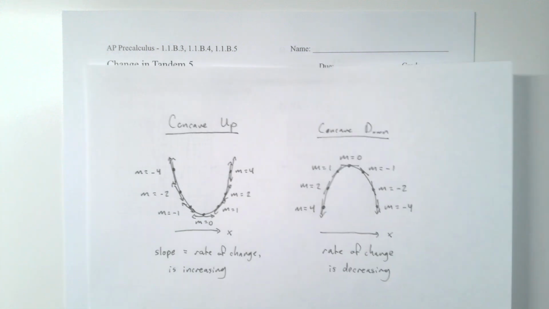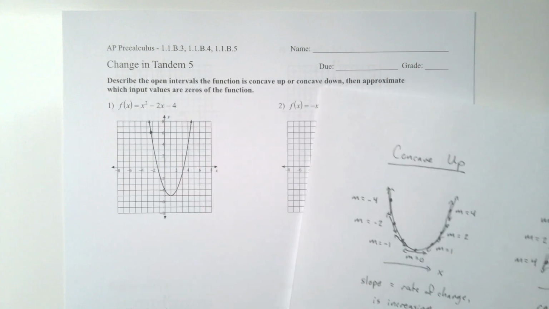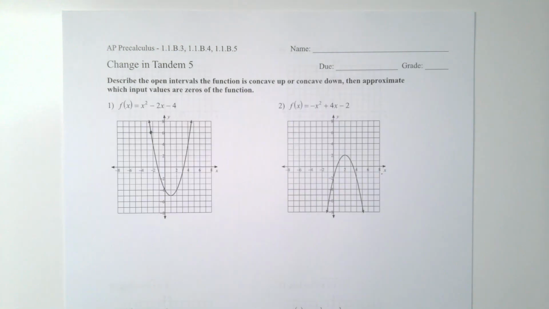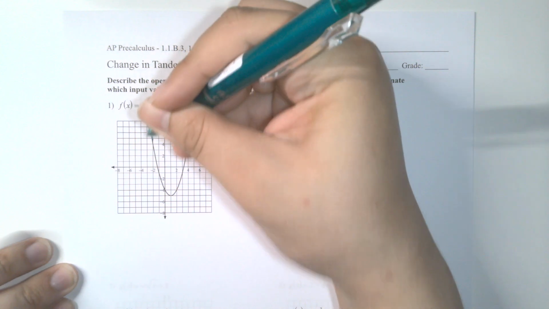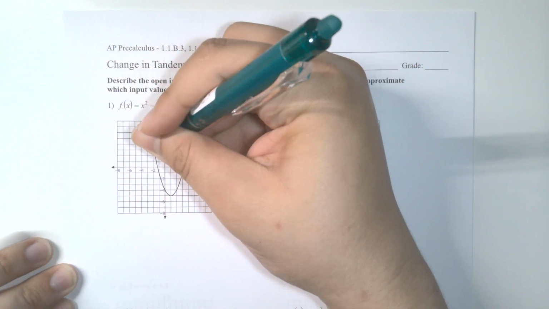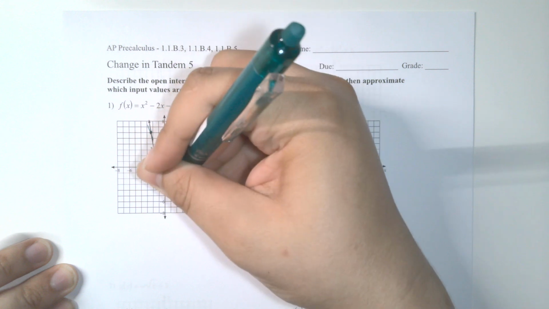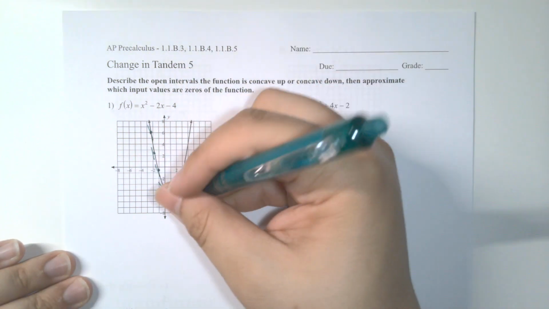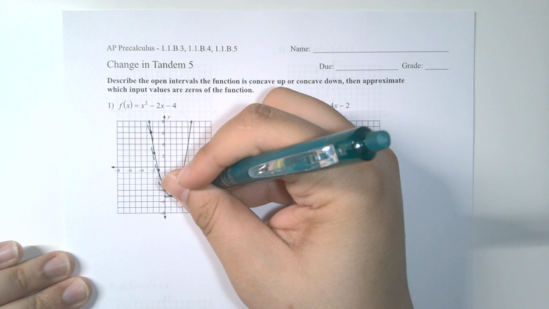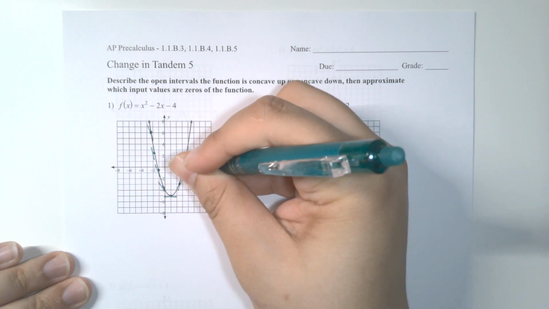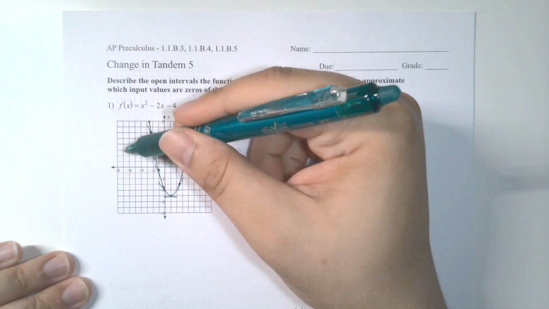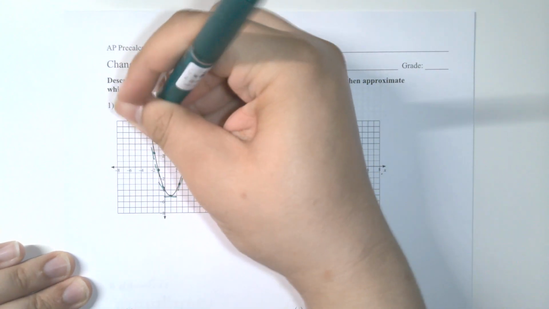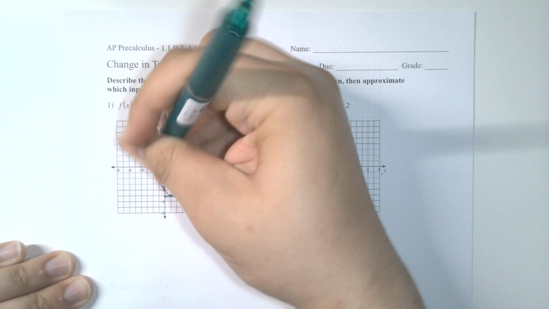This is clearly concave up, if we look at number 1. But again, we look at our slopes, and our slopes, as we move in the positive x direction, increase. Now, I'm sorry, I didn't draw this too well here.